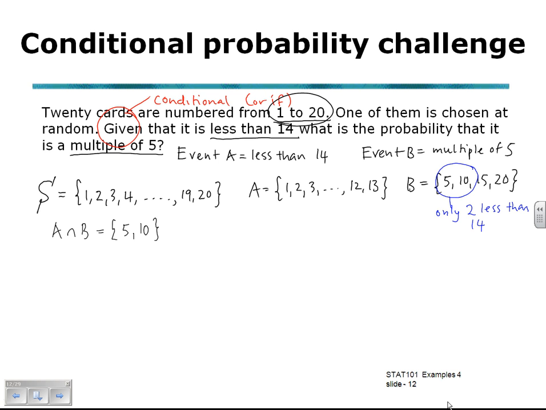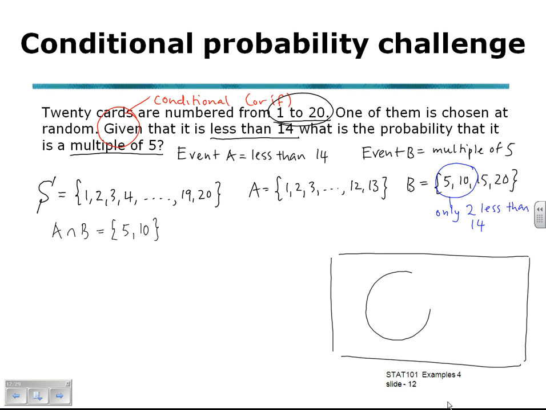Representing this information on a Venn diagram, a sample space shown as the rectangle, we will have event A as one circle and event B as a second circle overlapping the first.